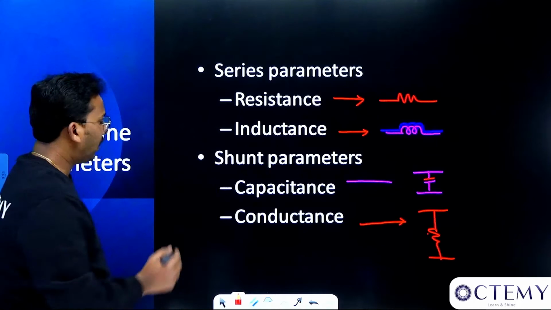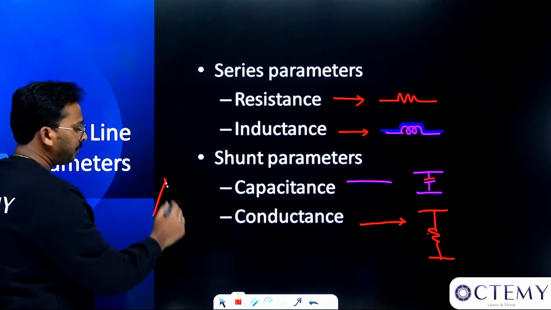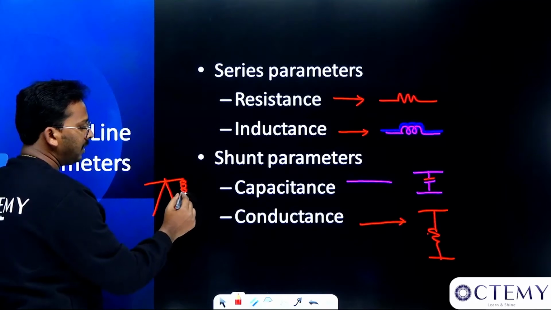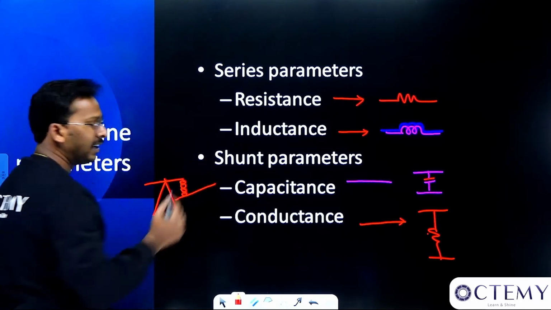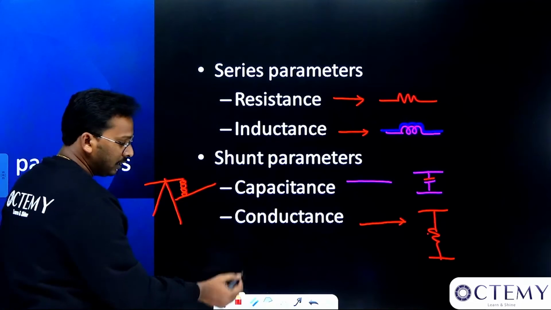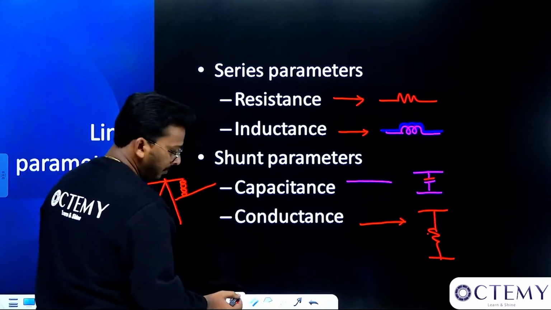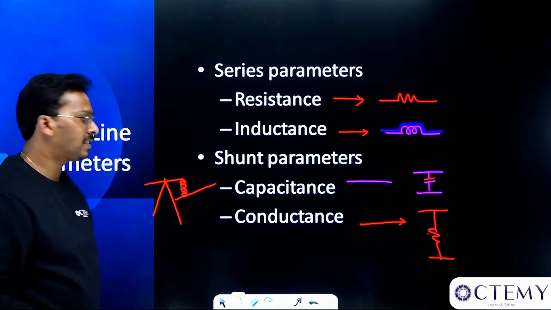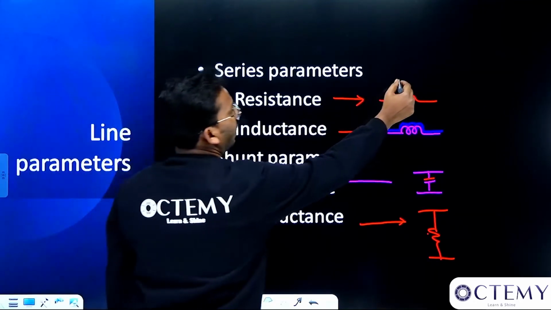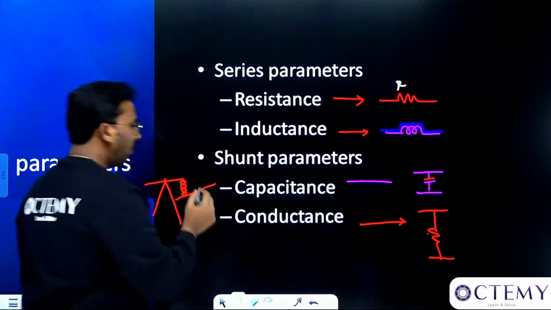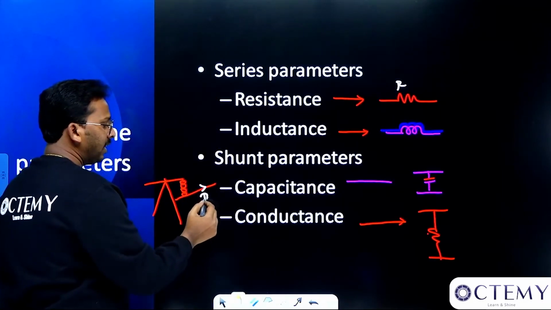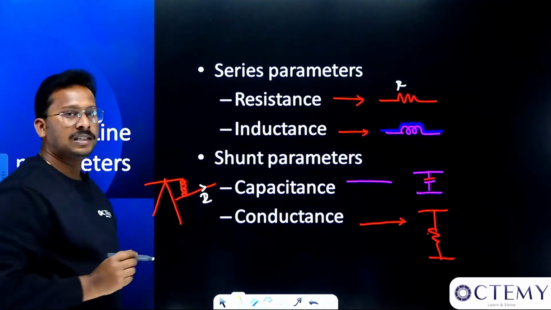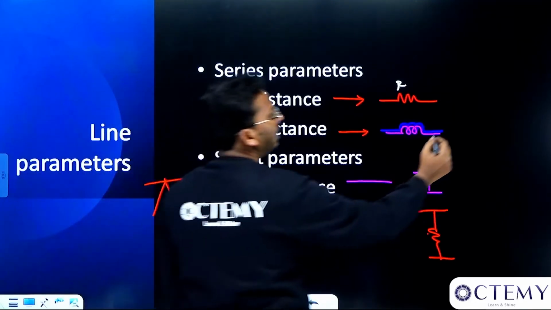It is basically when you have a transmission line, there are insulators here, and to these insulators we have connected the line like this, right? Now this line will offer certain resistance that is given by this R. Now whenever an alternating current is passing through this particular line, the alternating current produces alternating flux which links with the conductors and produces your inductance.